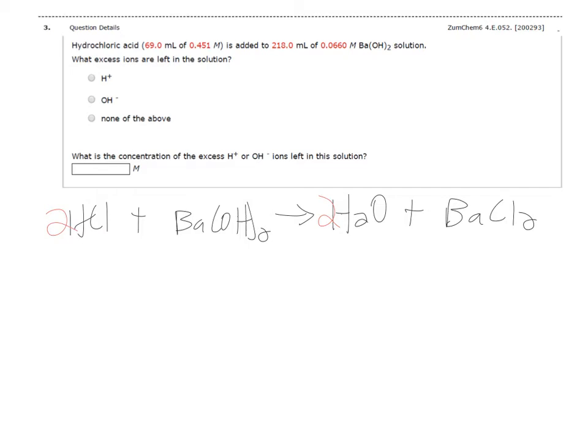Let's note the information the problem gave us about volumes and molarities. Notice these are red numbers, so they'll differ from student to student.